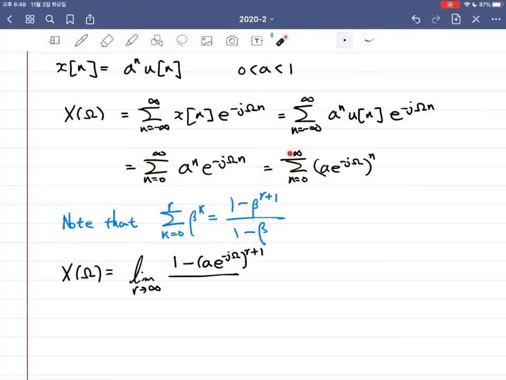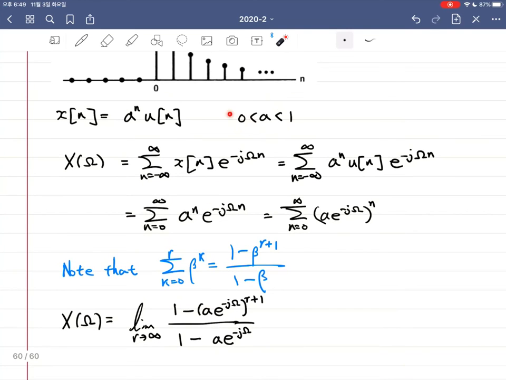Because I have to go to infinity instead of r. So we have 1 minus a to the r times e^(j pi omega). And we know that a is between 0 and 1.